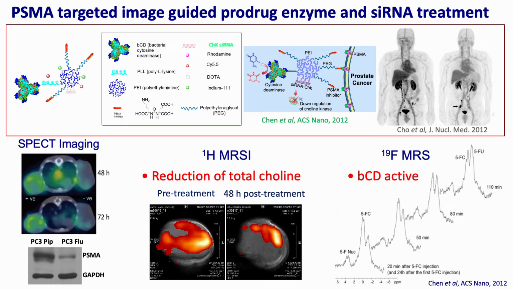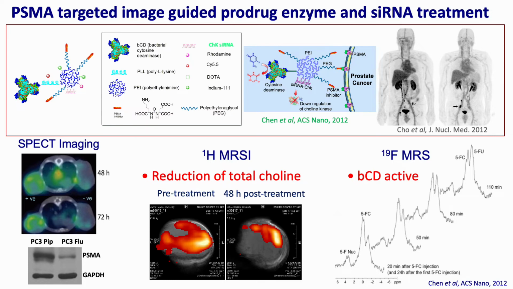And our purpose for being able to detect this nanoparticle in the tumor was we could then make sure that it had cleared out of normal tissue, was retained in this high PSMA expressing tumor, so that when we injected 5-fluorocytosine that was converted to 5-fluorouracil, this only occurred in the high PSMA expressing cancer cells, generating 5-FU only in these cancer cells and not in normal tissues.